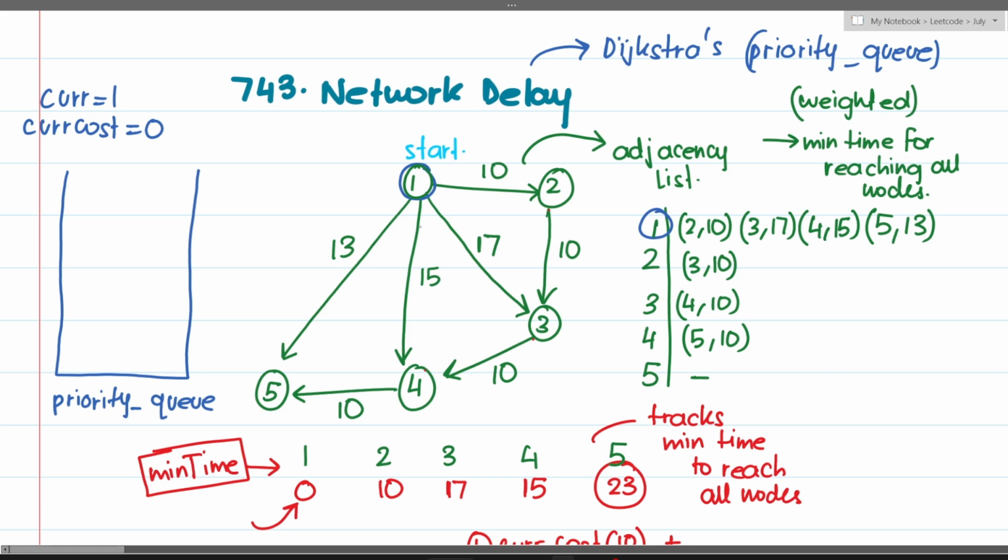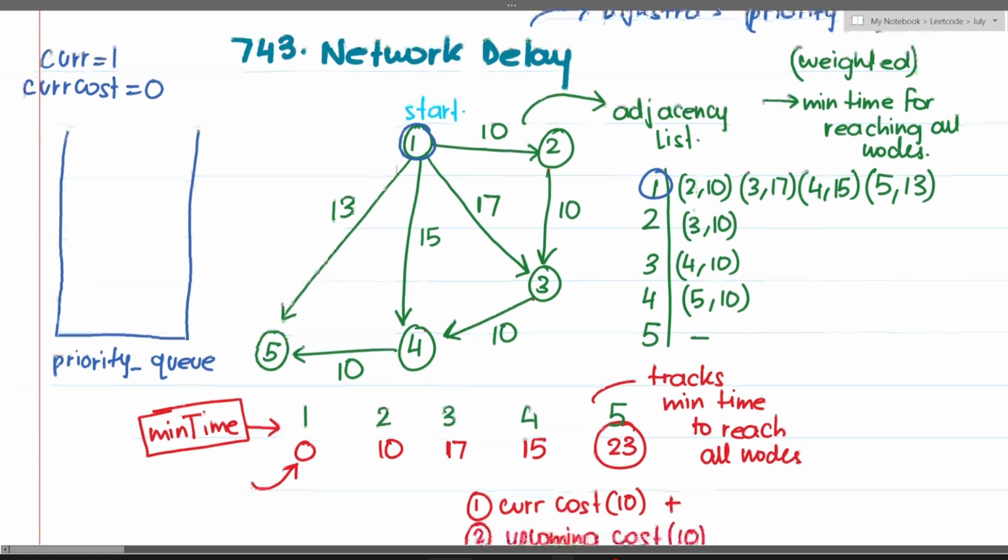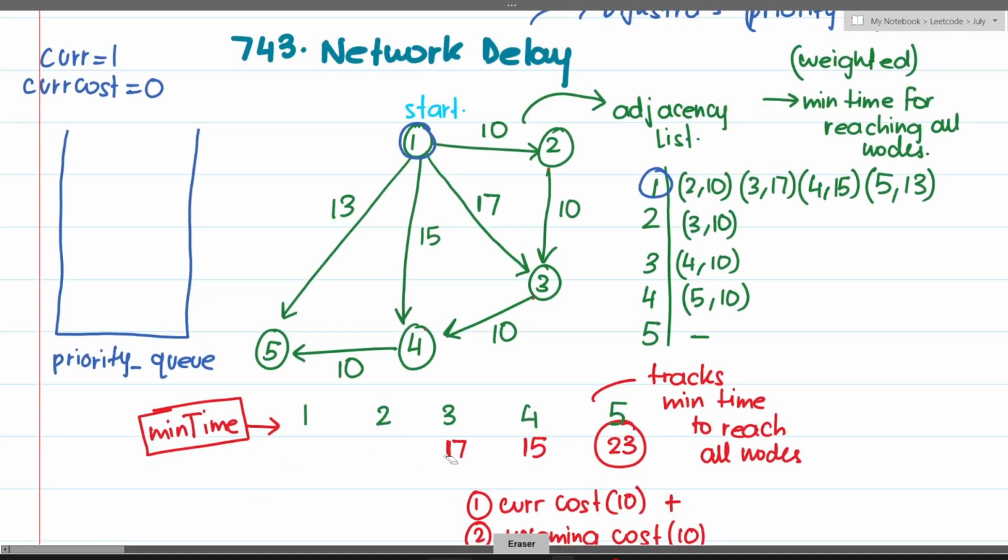I pop this and I see, okay, now I'm over here. Where can I go from 1? I can go to multiple places, 2, 3, 17, 15, and 13. Meanwhile, I'll have the same minimum time logic over here. Initially, this is 0 and all of these are infinity. So only the starting point is 0 and the rest of them are infinity. So I see that, okay, from 1 I can go to 2 using a cost of 10.